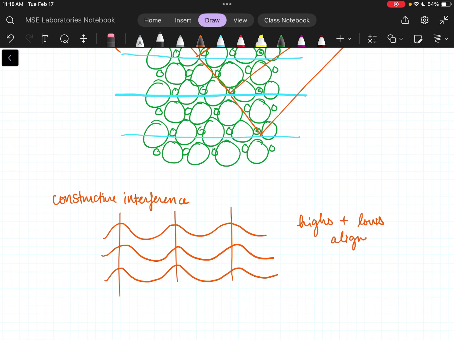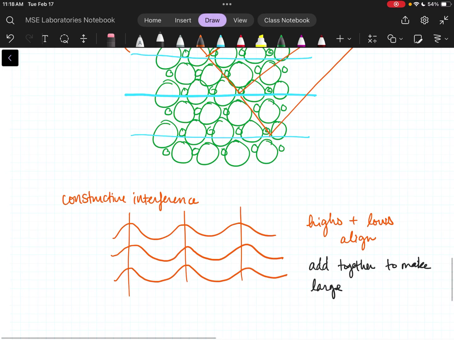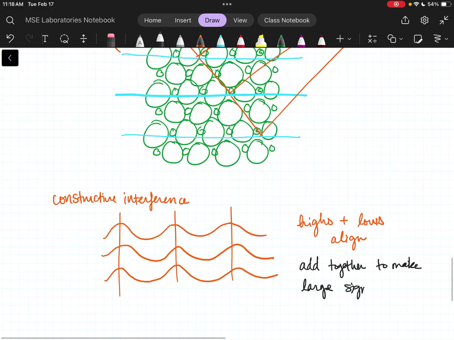This is where the highs and the lows align, and they all add together to make a large signal.